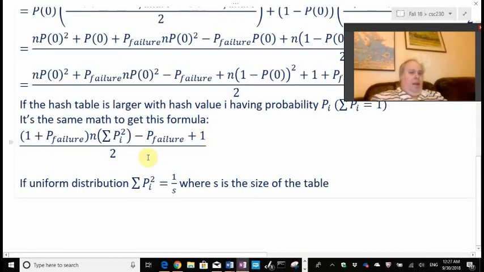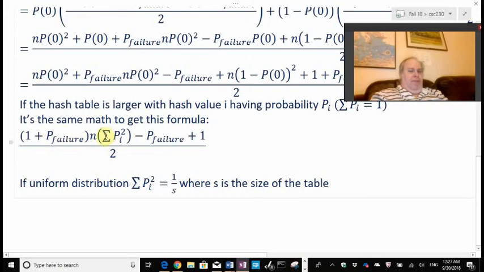So once again, if you never fail, if p of failure is 0, this is n times the sum of p_i squared plus 1 over 2. You remember, n plus 1 over 2 is the cost if you're successful in searching. If p of failure is 1, it's n times the sum of p_i squared.